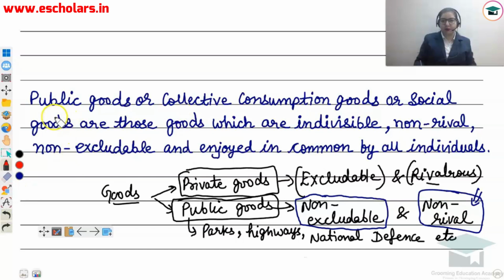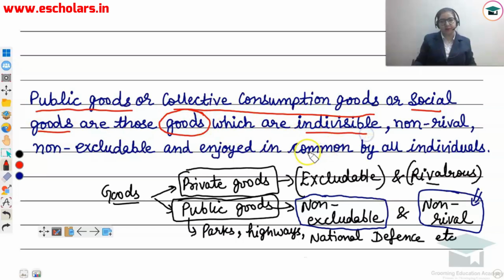So let's have a look at the meaning of public goods. Public goods are also known as collective consumption goods, or you can say social goods. These are goods which are indivisible. Now, what do you mean by public goods being indivisible? It means that all of us are consuming the same quantity of the public good.